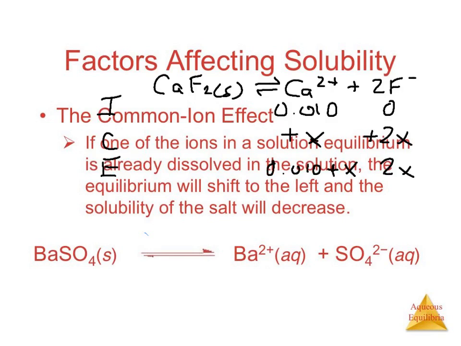Alright, now this gets a little tricky because when we set up our KSP expression here, our KSP for this one is 3.9 times 10 to the negative 11th is equal to, and notice what we're going to have here, because we have to square the F term, even if we didn't have to square the F term, when we multiply these two together, the 0.010 plus X times the 2X squared, I'll just write out what that's supposed to look like. 0.010 plus X times 2X squared.